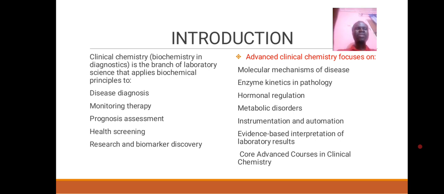This is what clinical chemistry covers, and not only that, this is what clinical chemistry does in order to ensure the patient has a good outcome from diagnostic procedures.